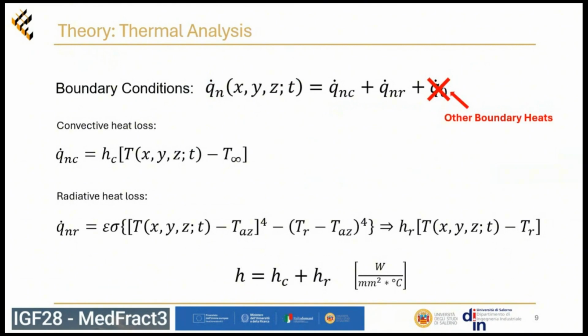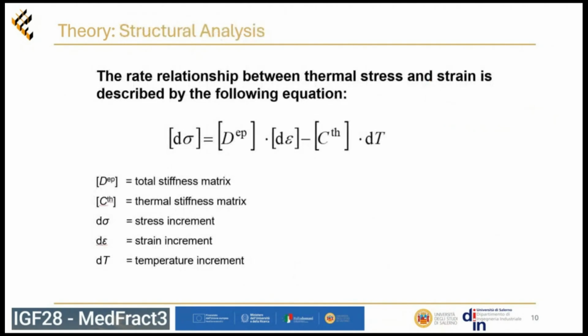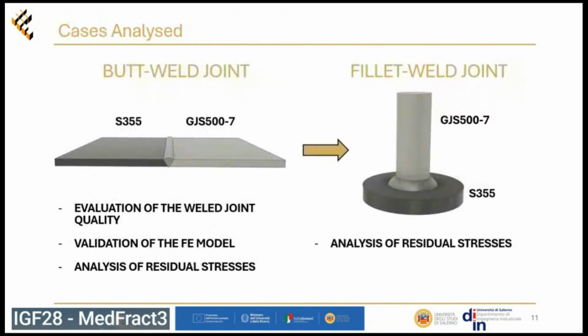For our thermal analysis, we used as boundary conditions only convective heat loss and radiative heat loss, which we converted into a convective part. For structural analysis, the relation between thermal stress and strain is described by the following equation.